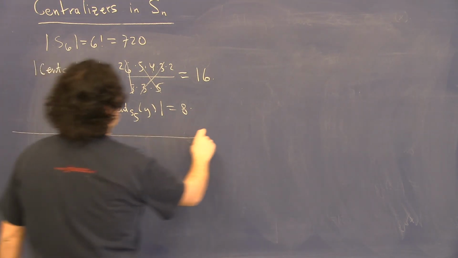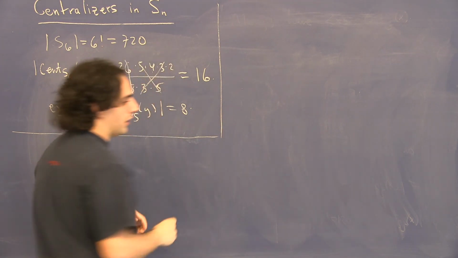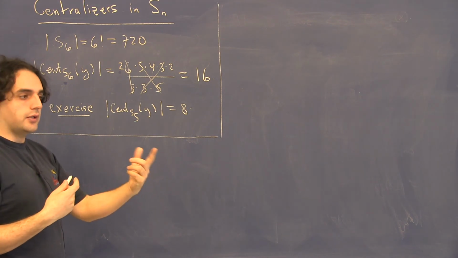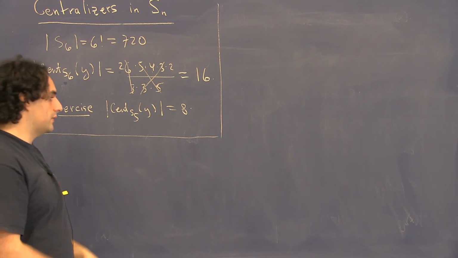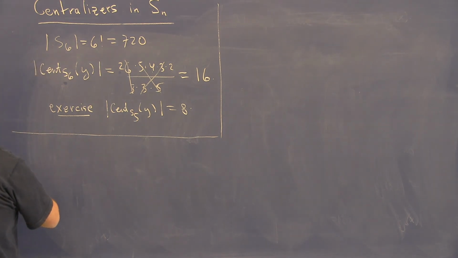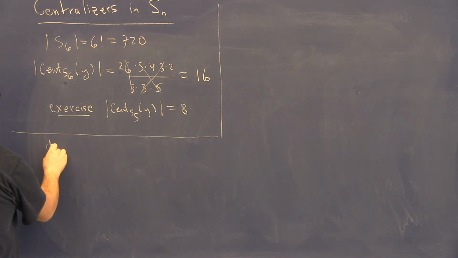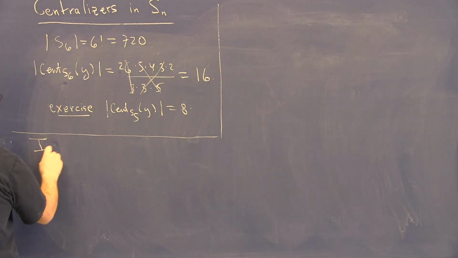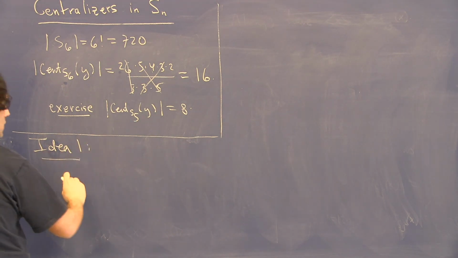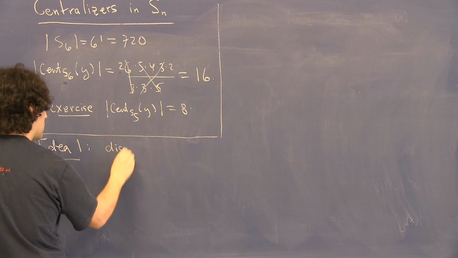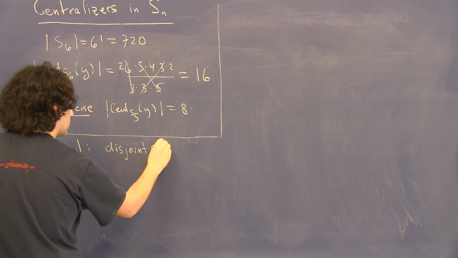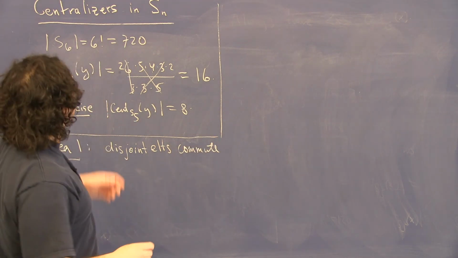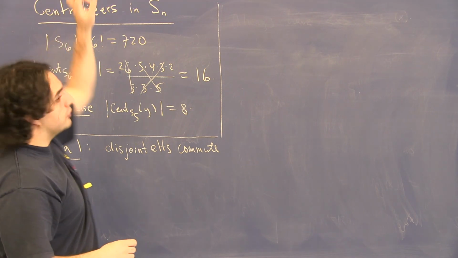So this is going to illustrate how we find elements in the centralizer beyond the initial idea of the subgroup generated by the element itself. So one idea that is useful, idea 1, is that disjoint elements commute. How is that helpful to us? Because our element is (1 2)(3 4).